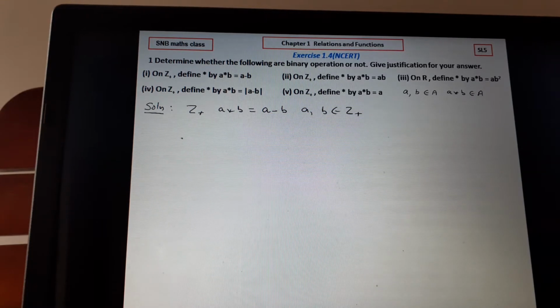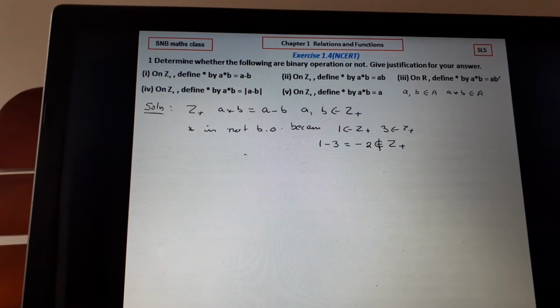Now we can say star is not a binary operation because suppose you take 1 belonging to Z plus and 3 belonging to Z plus, then 1 minus 3 is minus 2, and this minus 2 does not belong to Z plus. So this implies star is not a binary operation. So this is the first question.